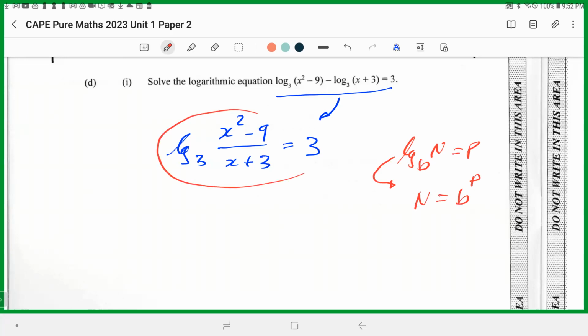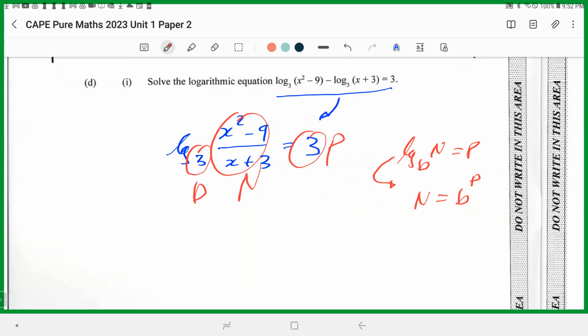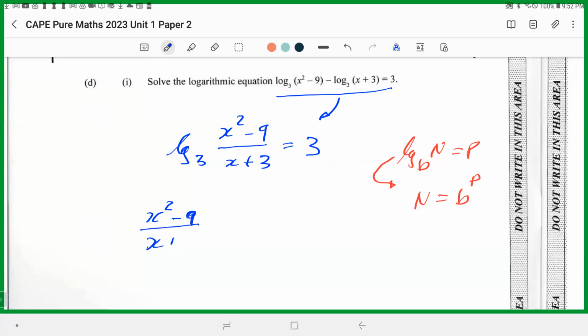So in this case, this is our n, this is our b, and this is our p. Number, base, and power. So it means that the x squared minus 9, which we can factorize, over the x plus 3, that number is equal to the base of 3 raised to the power of 3.